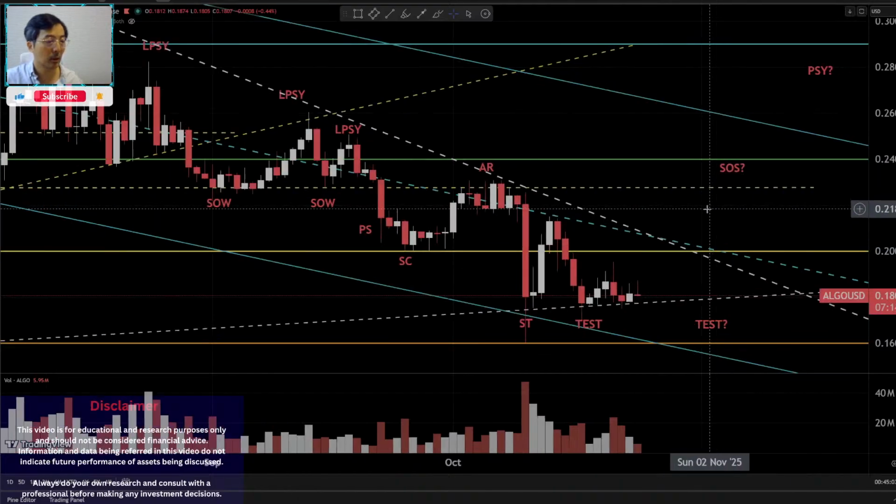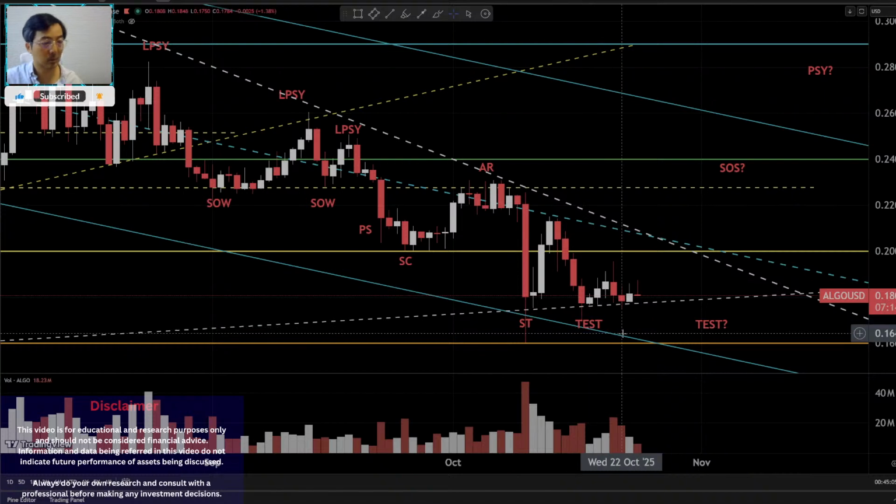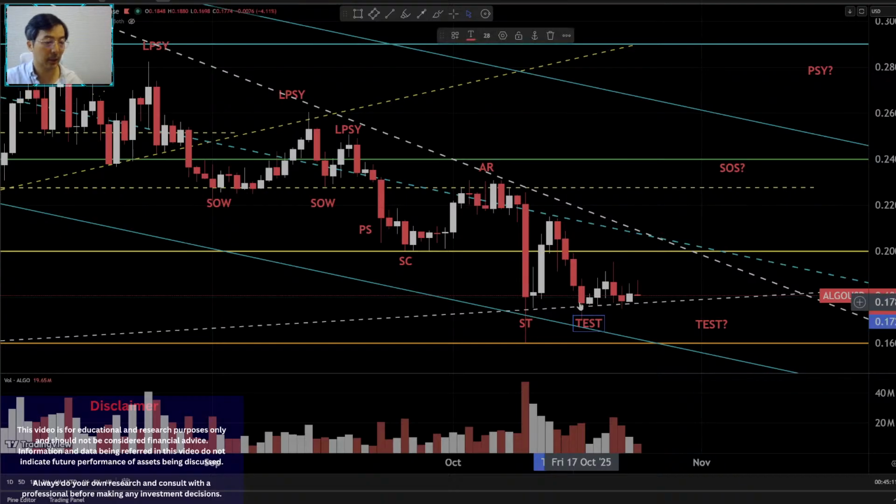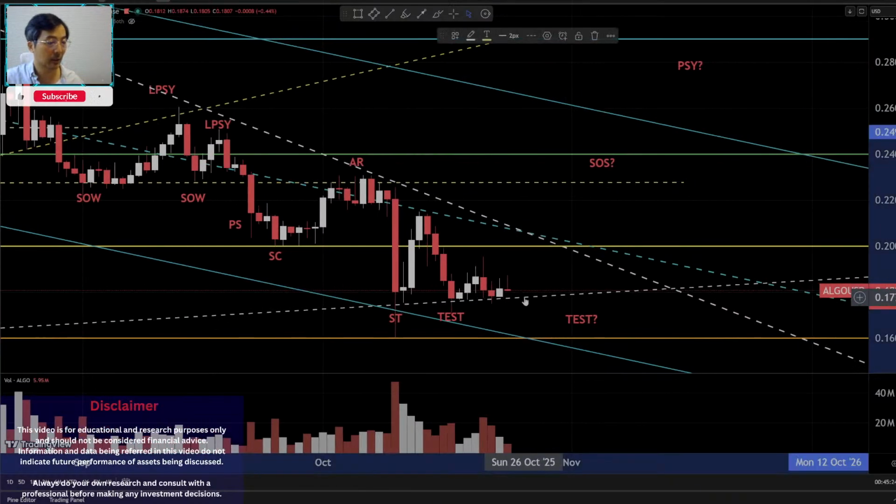So here, previously we talked about the test, and it finished on Friday, which is the day we did this same session. Unfortunately, it finished over there and got a bounce, just that it's still lingering along this support line that we talked about.